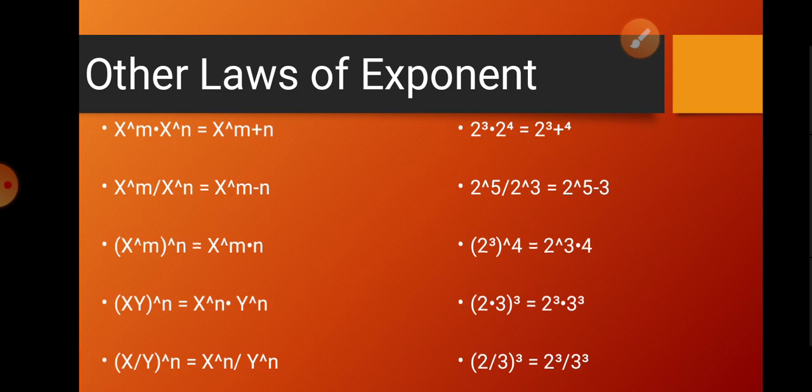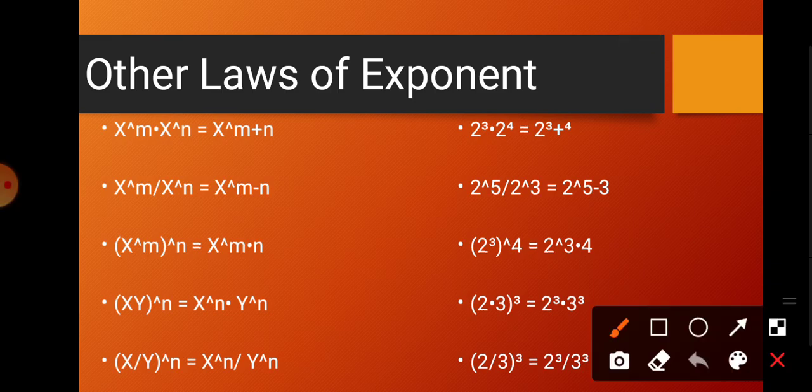And next is, if you have different base but the same exponent, you can use distributive property. So example, x times y, to the power of n is equal to x to the power of n times y to the power of n.